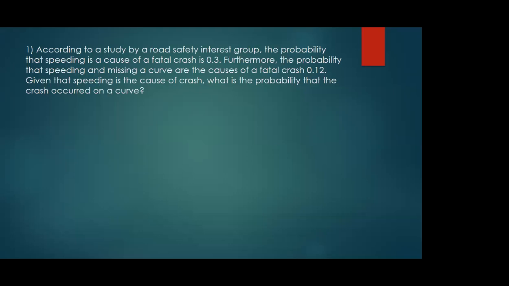But before we jump to that, we need to define our terms. So write down what we were given. We're going to let the probability of S be the probability that speeding is a cause of a fatal crash.